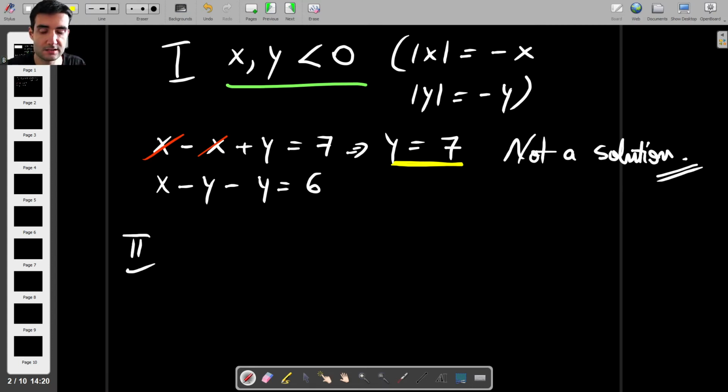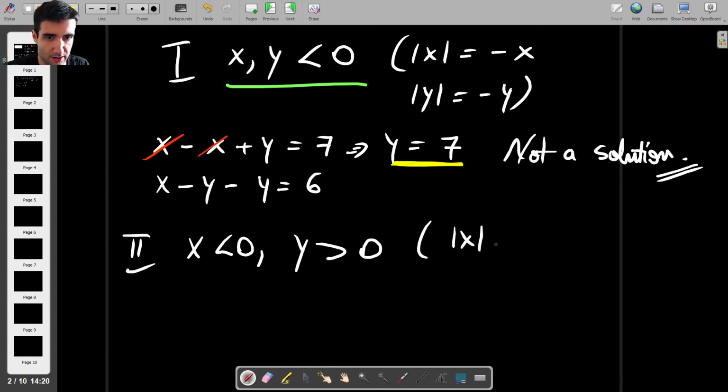We're going to go to the next case, which is when x is negative and y is positive, and let's see what happens in that case. Here, the absolute value of x is still minus x, but the absolute value of y is just y.